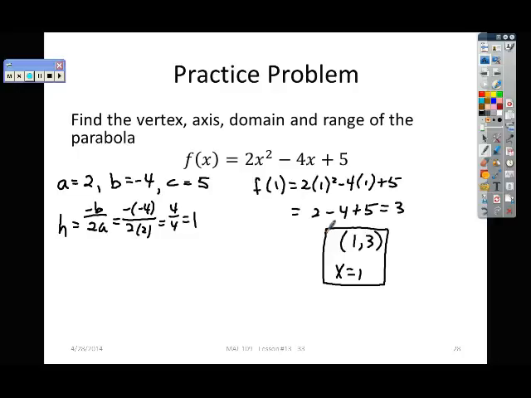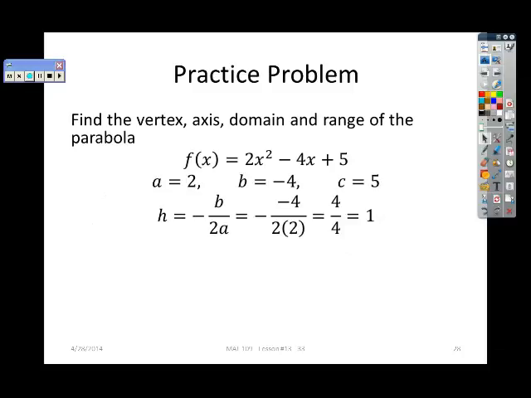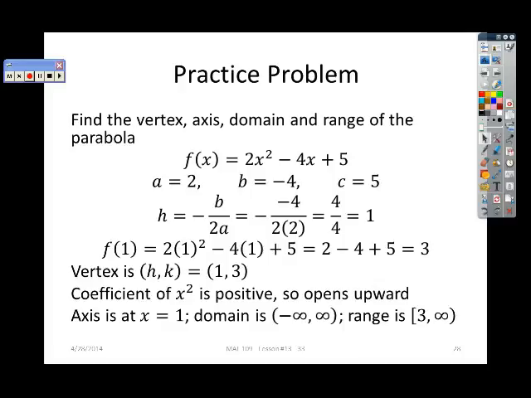And so this range would be from what to what? It's going to start at the y value of the vertex, which is 3, and it opens up, so it's going to go from 3 to positive infinity. The domain of a parabola is always negative infinity to positive infinity.